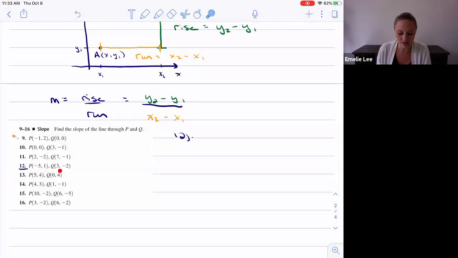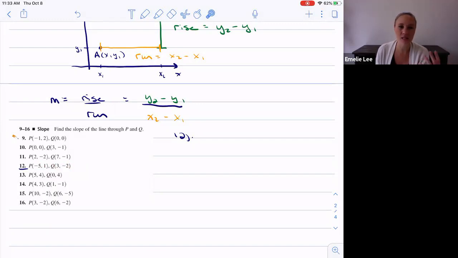And then Q is at 3, negative 2, so when X is 3 and Y is negative 2. We don't actually need to plot these, but it might be nice just to see, right? You could just say, okay, here are my subscript 1s, for example, and here are my subscript 2s. And then you can just go ahead and calculate and find the slope.